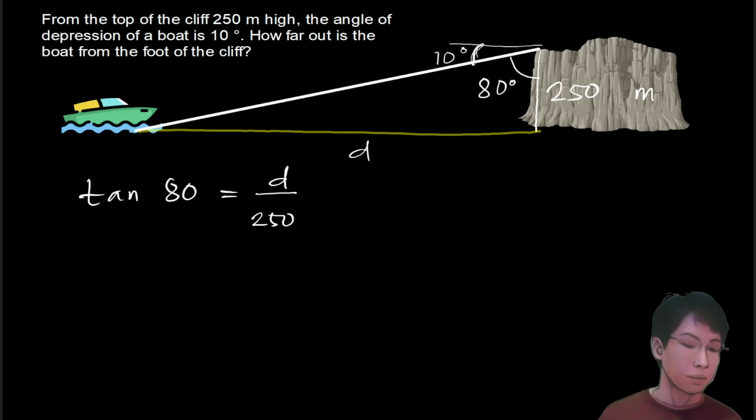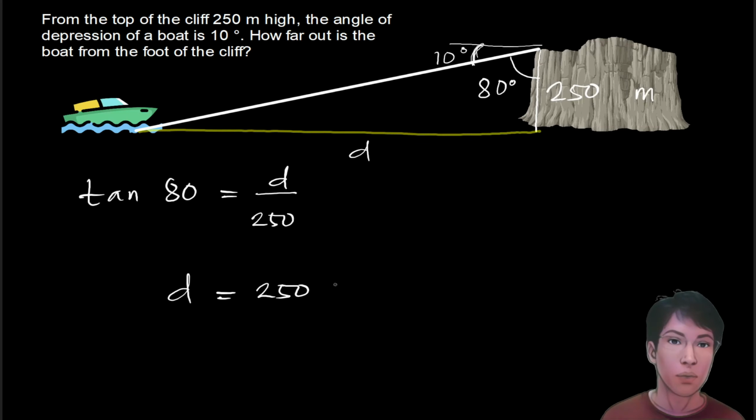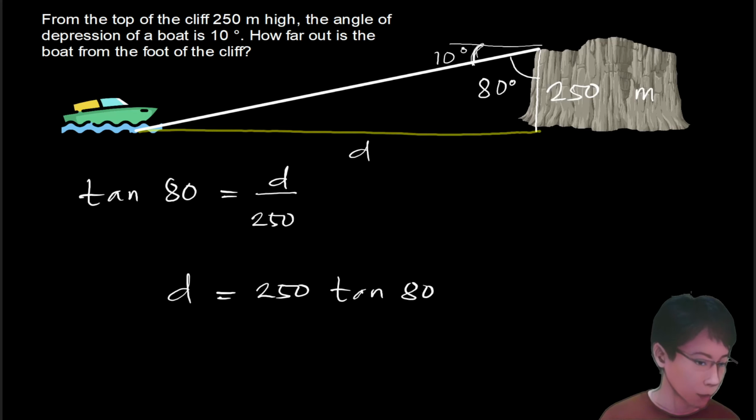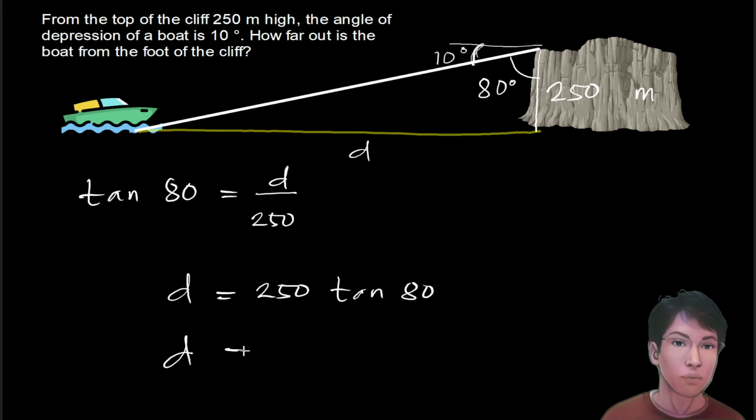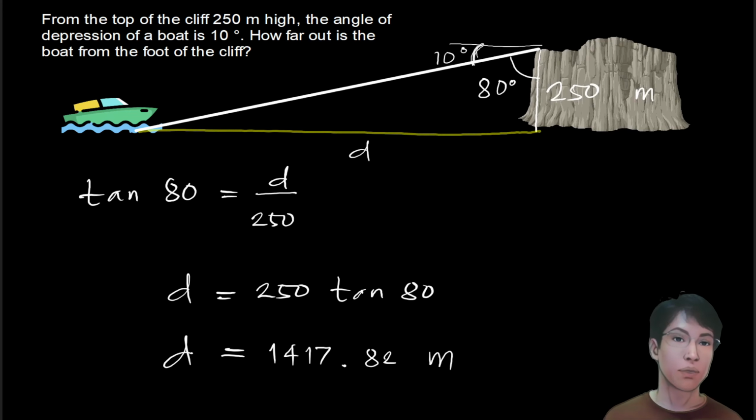Solving for D, D is 250 multiplied by tangent 80, and that distance is 1417.82 meters.